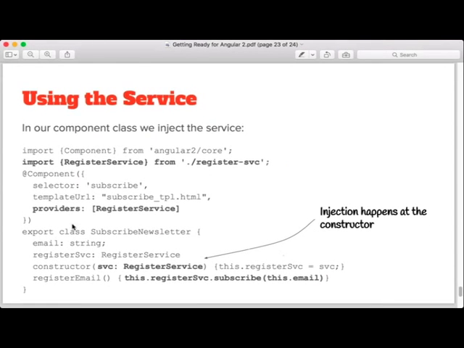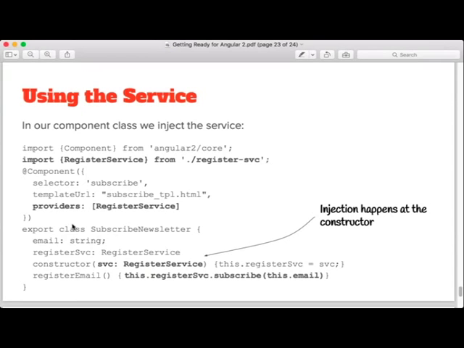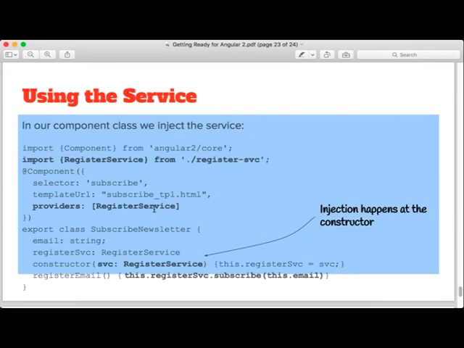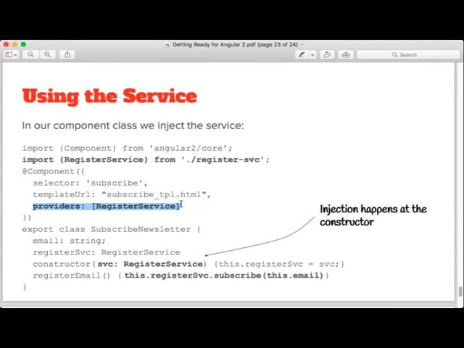All right, how do I use the service from our component? Once again, we bring in our service module into scope using import. And to our component metadata, we add providers. Providers are basically an array of class names that are injectable.